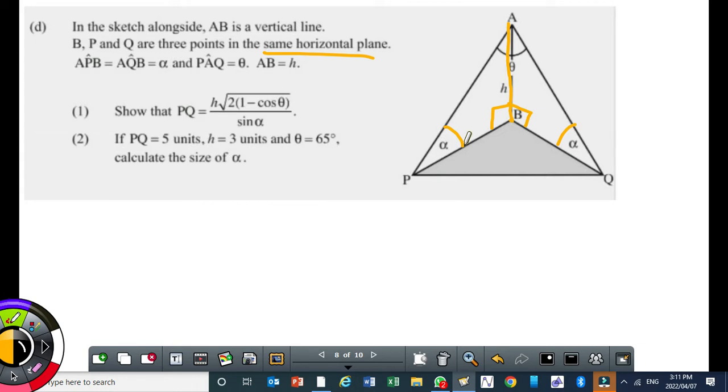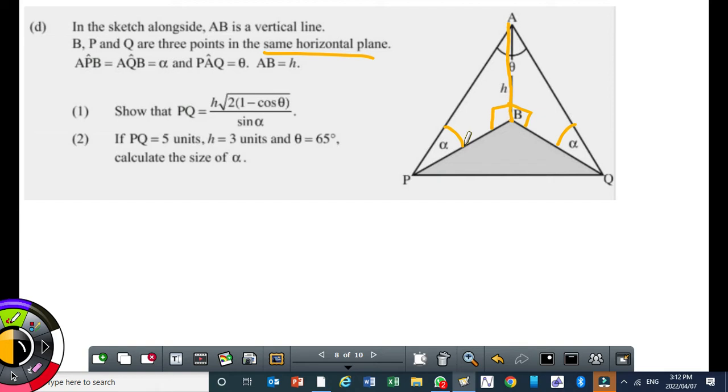So the question says, show that PQ, this is P, that's Q, is equal to H times 2 times 1 minus cos theta over sine alpha. Now, just as a hint from experience, whenever you are doing a question like this, the moment you see a square root, it's a clue that you are supposed to use the cosine rule.